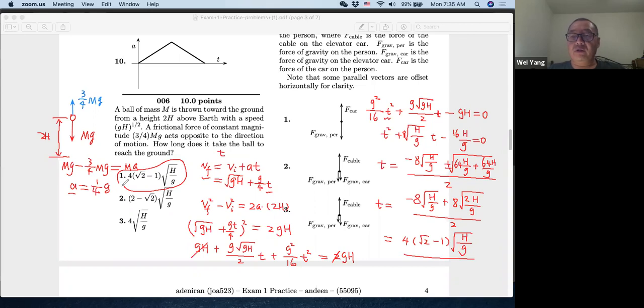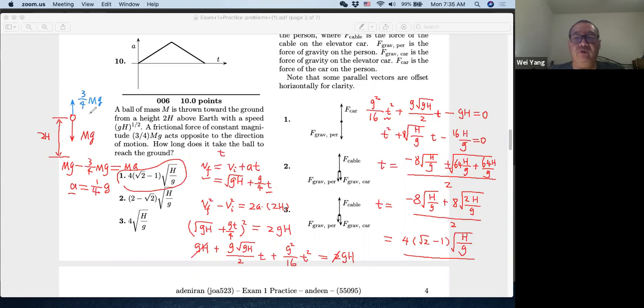See, the general steps to solve this kind of problem. First, read the problem carefully, okay? Understand. Then draw a diagram. Even if the diagram is easy, I think you should still draw it. That will help you a lot.